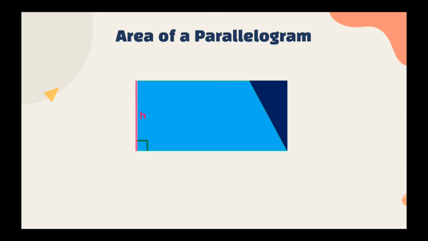Well, what is this new shape? Yes, I can hear you. This is a rectangle, because the opposite sides of this shape are parallel and all angles are right angles. Well, you know how to find the area of a rectangle. The area of a rectangle is length times width.